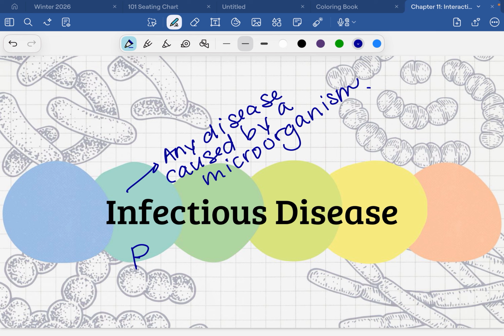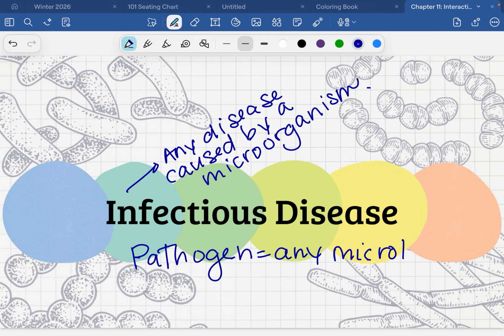Okay, and I know I've said this one before, but just in case we don't remember, a pathogen is any microbe capable of causing disease.